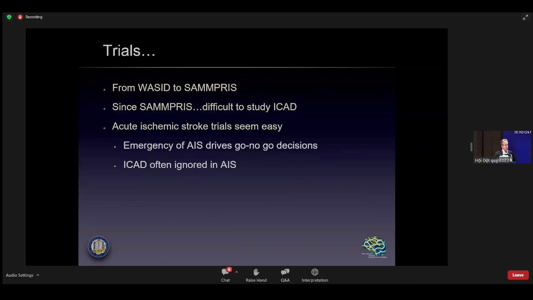By comparison, acute ischemic stroke trials seem relatively easy. In the setting of acute ischemic stroke, the emergency situation will drive the go, no-go decision about whether we should do something or not. Unfortunately, in ICAD, we have more time. And that's a difficulty because when we have more time available, it makes the decisions much more difficult.